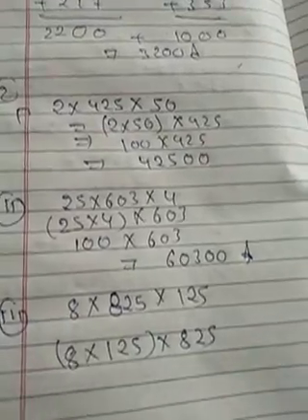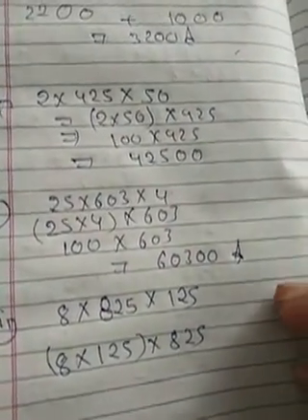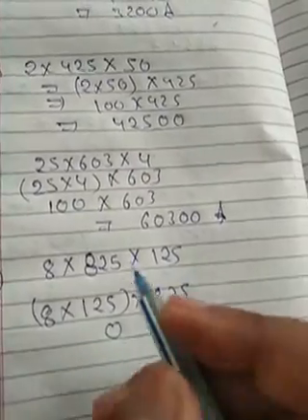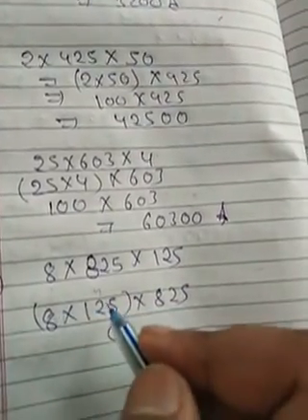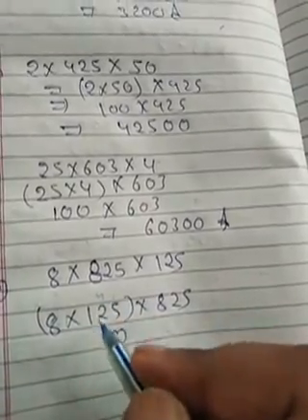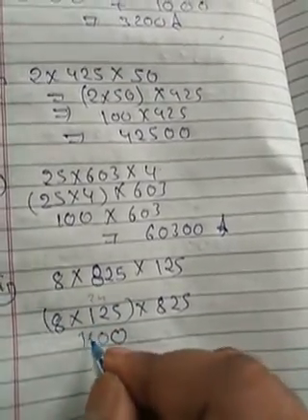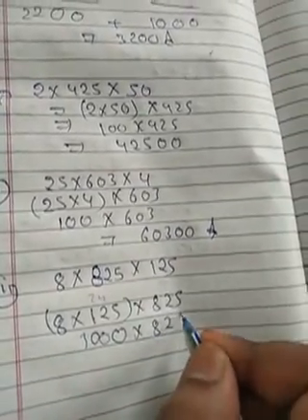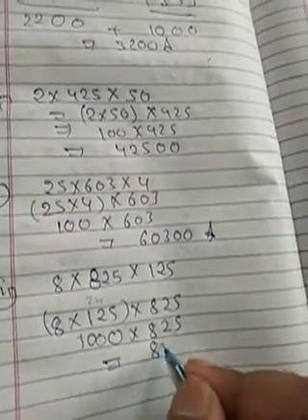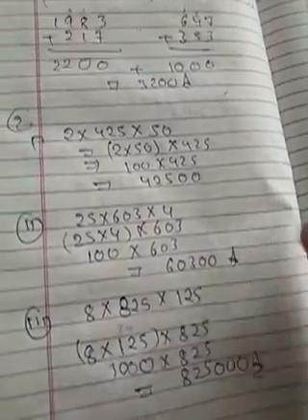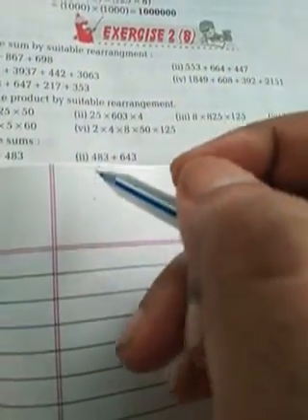So when you multiply 125 by 8, this will become 8 5s are 40, carry goes 4, 8 2s are 16, 16 and 4 20, again 0, carry goes 2, 8 1s are 8 and 2 10, it means 1000. 1000 into 825, this will become 825 and 3 zeros. This is the answer. Now rest of the part you can do as homework.